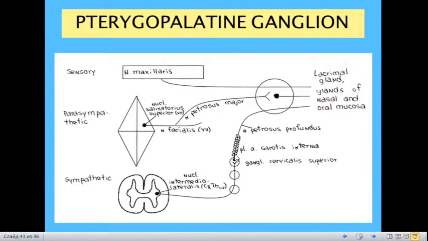Postganglionic fibers from this ganglion form a plexus around the internal carotid artery. After that it gives off nervus petrosus profundus. It joins nervus petrosus major to form nervus canalis pterygoideus, and it reaches the pterygopalatine ganglion. And if to say generally, this ganglion supplies the lacrimal gland and also glands of nasal and oral mucosa.